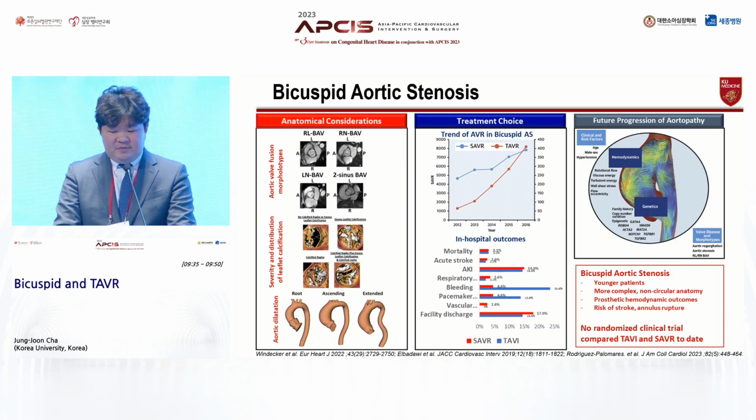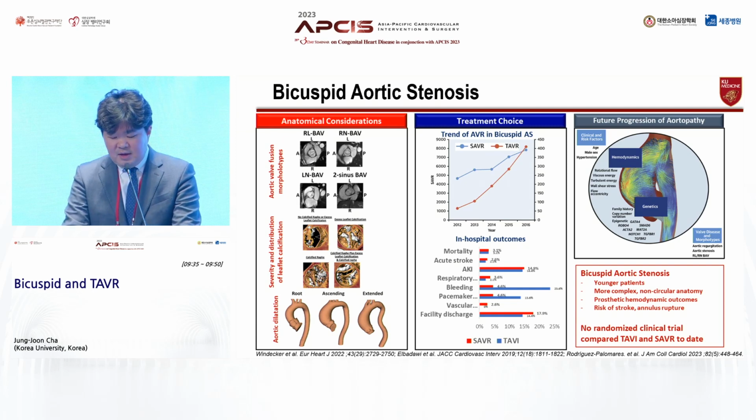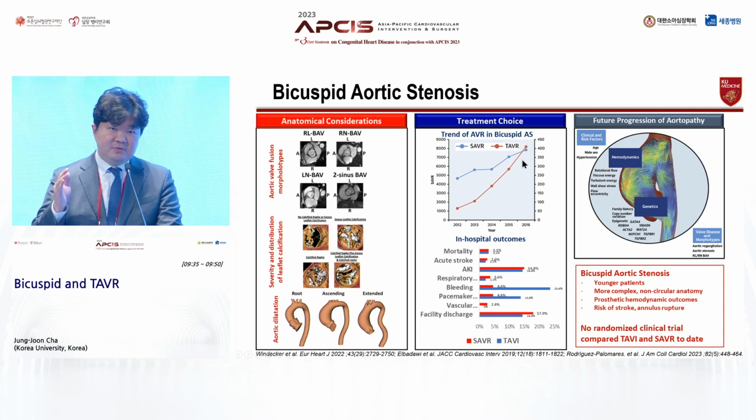Another consideration for bicuspid aortic stenosis is anatomical considerations, such as aortic valve fusion morphotypes, severity and distribution of leaflet calcification, and even the aortopathy. We have 2 kinds of treatment options for bicuspid aortic stenosis: SAVR, but now TAVR is close to SAVR in rate.